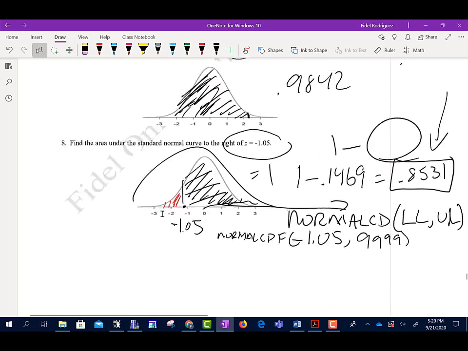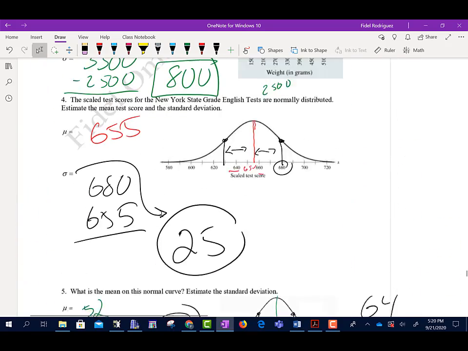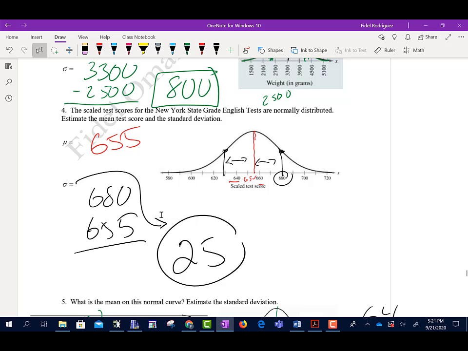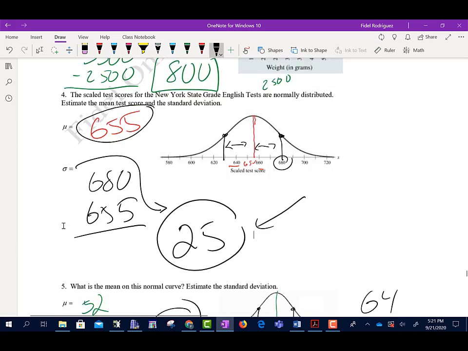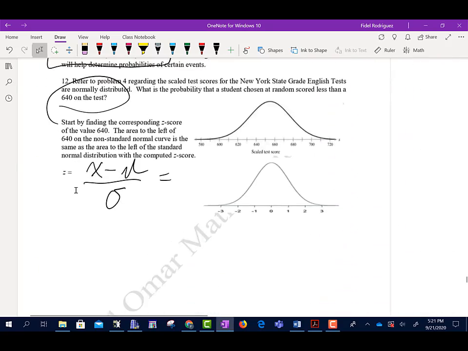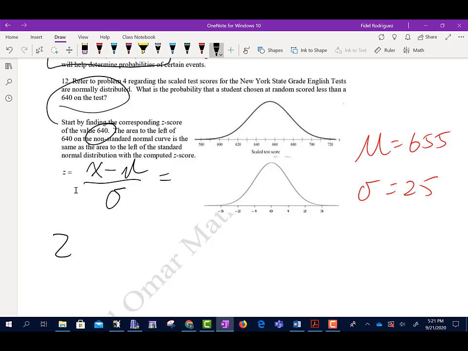Let me see if I can scroll up. What do we come up with for our x? Here we go. We said that mu was 655 with our standard deviation being 25. So the x value that we're interested in here, guys, is 640.